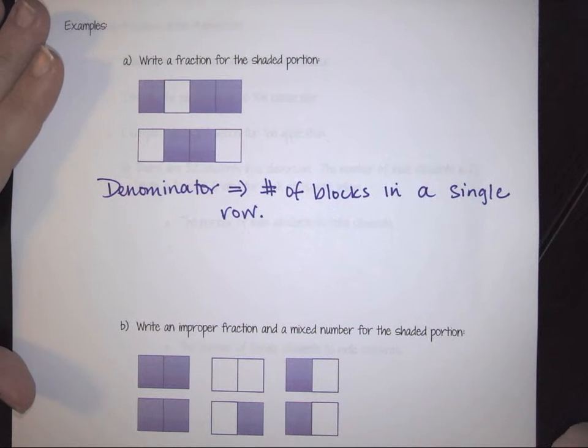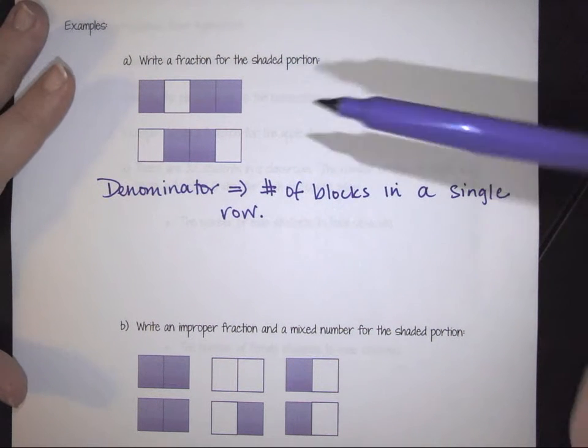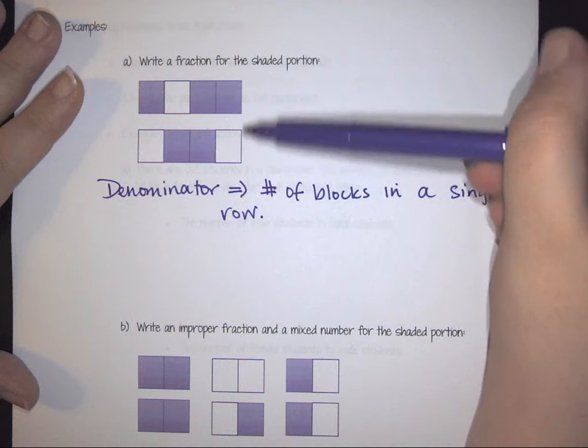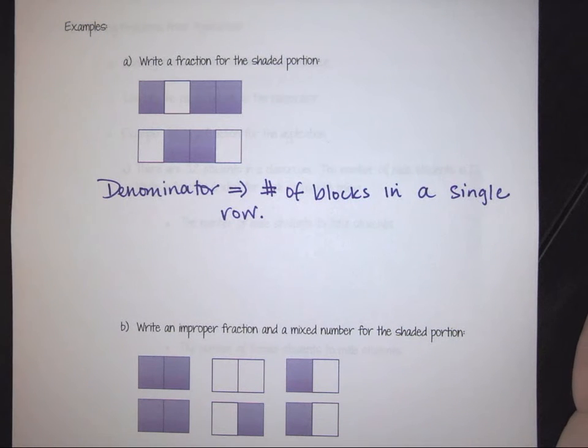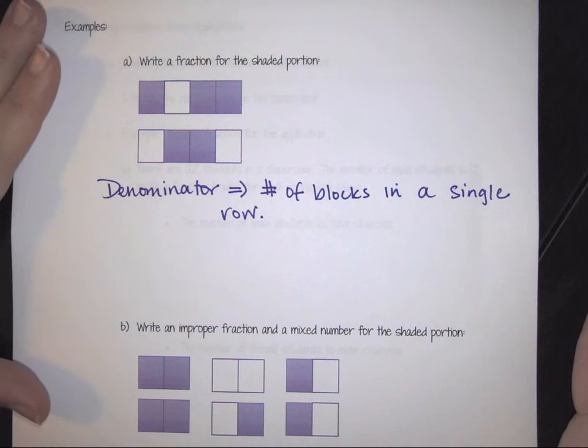Okay. Now, the reason why we know to do that is because here my rows are separated. So we are talking about the number of blocks that we have in a single row.